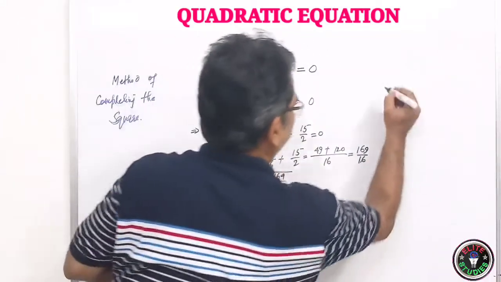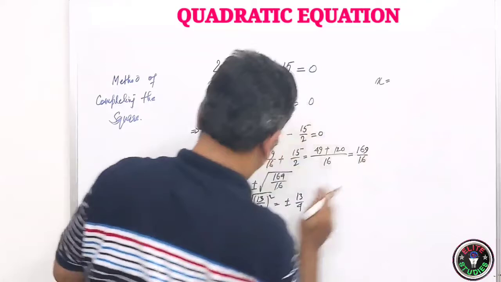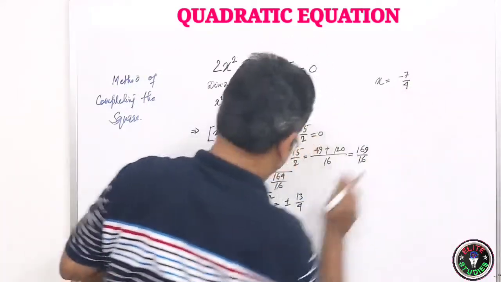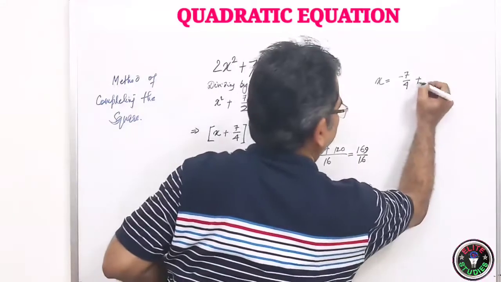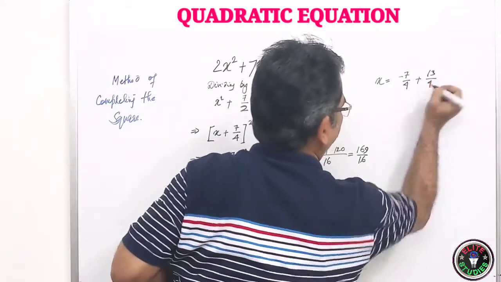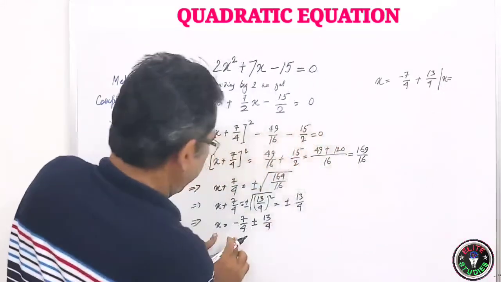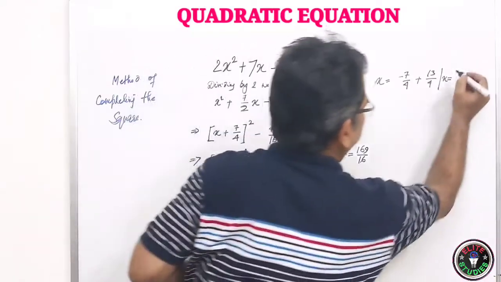Now what we got? There will be two values of x. X is equal to minus 7 by 4 plus 13 by 4, and another one, x is equal to minus 7 by 4 minus 13 by 4.